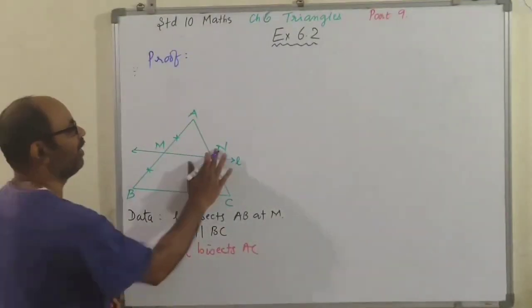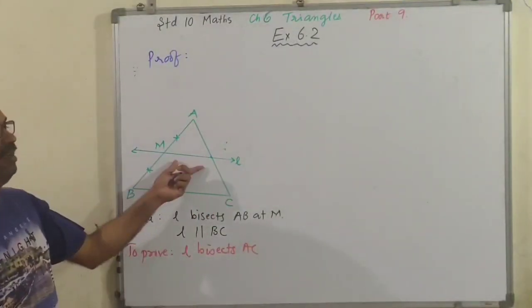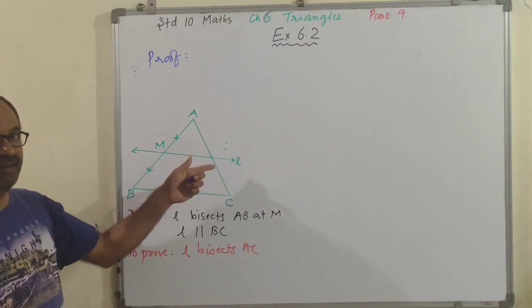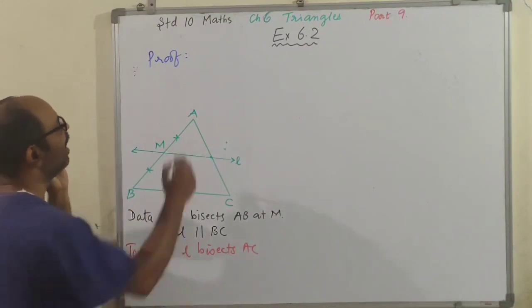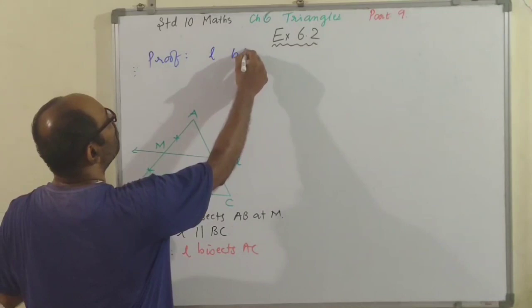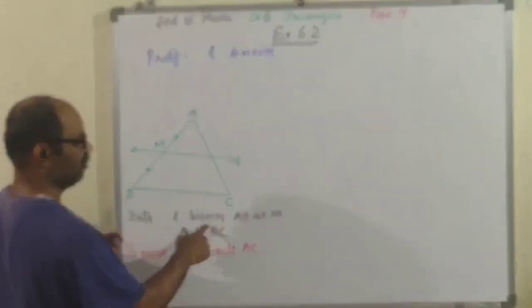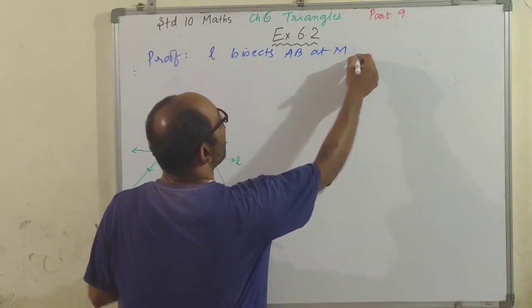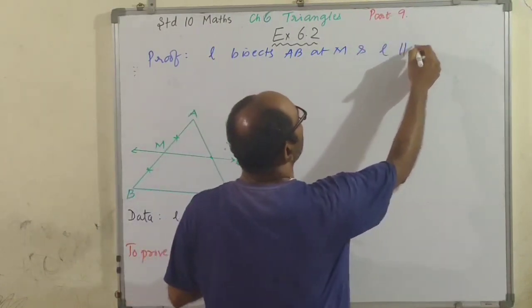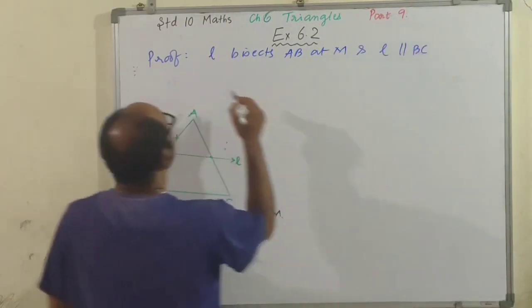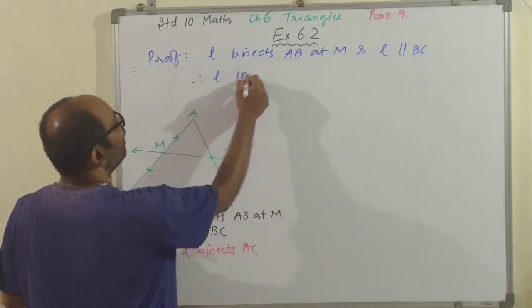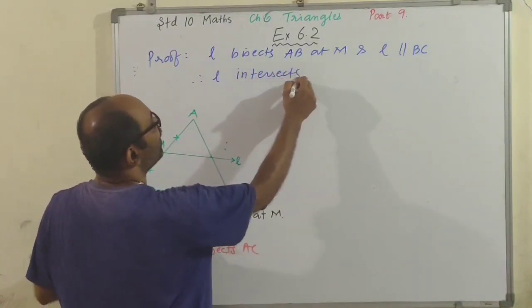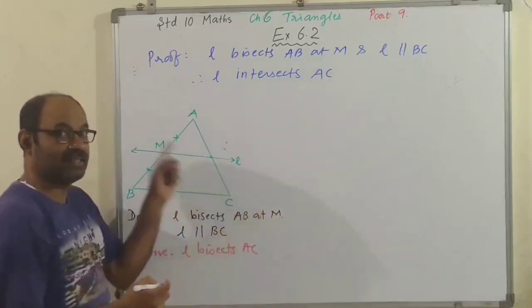First, this point is not given, we have to state that L intersects the third side. All right. L bisects AB at M, and L is parallel to BC. Therefore, L intersects AC. That means it intersects the third side.